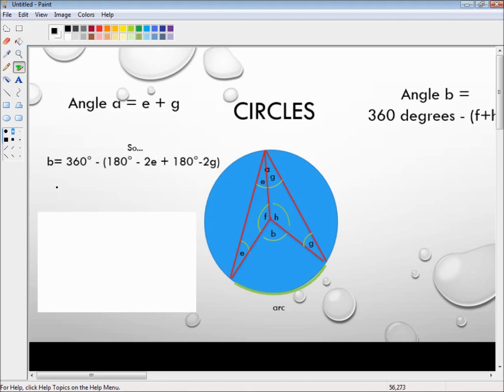So in this case, we're starting with our 360 degrees, and we're subtracting 180 degrees, but we're subtracting 2E less than 180 degrees. So we've actually got to add that 2E back, because subtracting a negative is the same thing as adding.